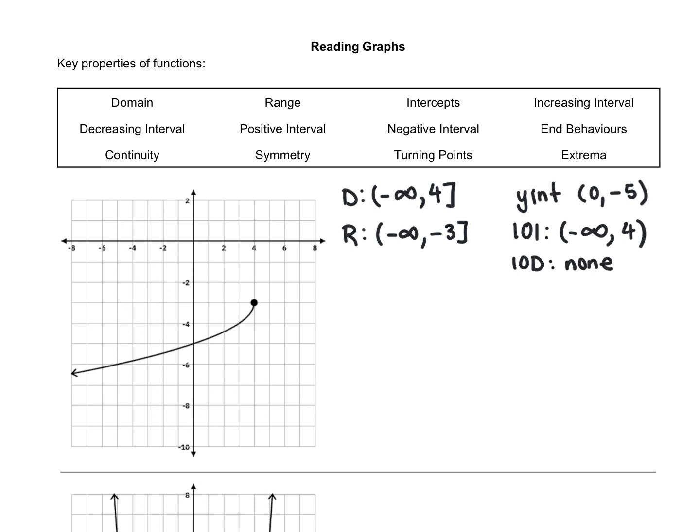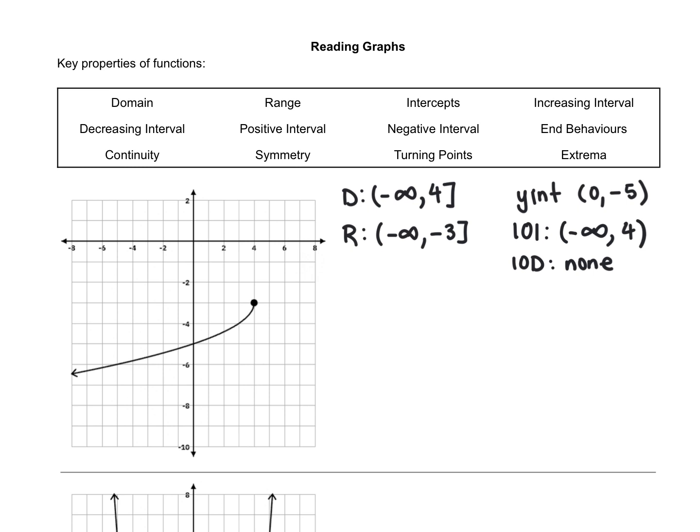Next, we have our positive and negative intervals. For the positive interval, we want to see if there is anything above the x-axis where all of our y values are positive. In this case, we have none. For negative intervals, we want to see anything below the x-axis where our y values are negative, which is where our entire function is.